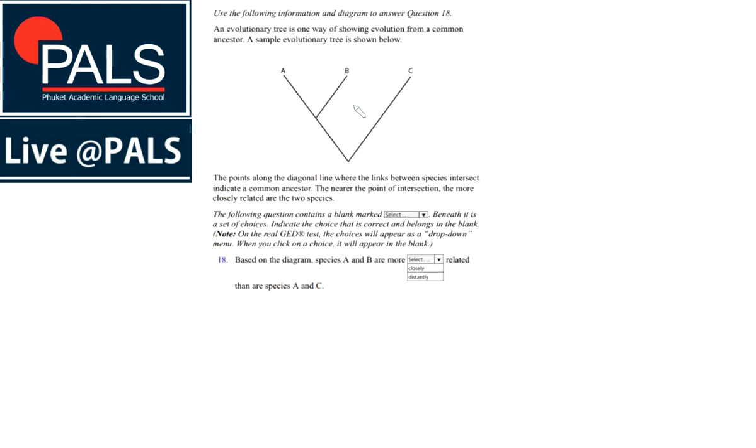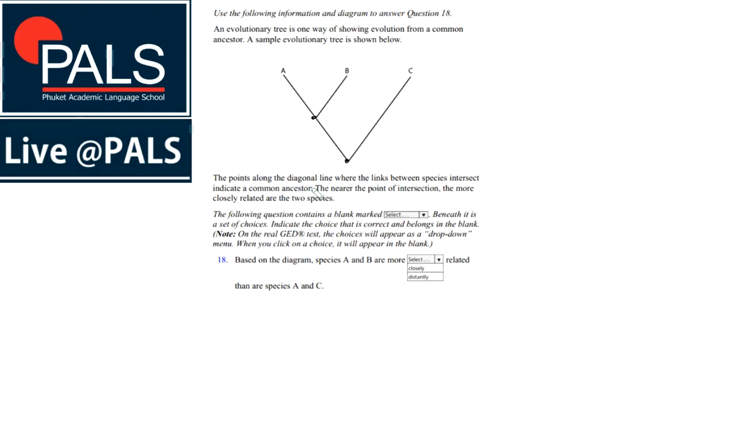Okay, another question related to evolution, as it looked like. We have some kind of cladogram here. An evolutionary tree is one way of showing evolution from a common ancestor to what we have here and here. A sample evolutionary tree is shown. We have 3 species, A, B, and C, that are in some kind of way related to each other.